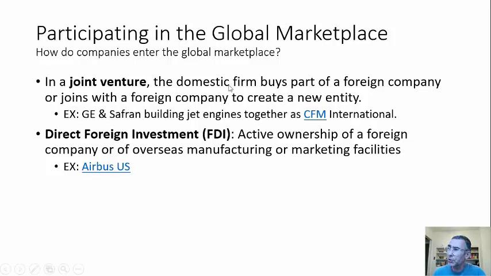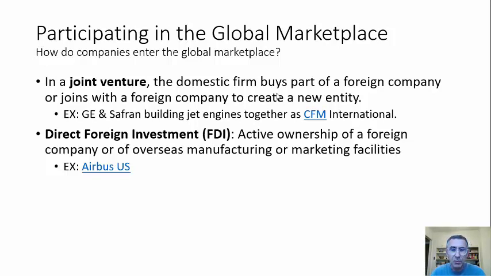Another way you could go is a joint venture, right? So think General Electric. Next time you're in an airplane going somewhere, and let's say it's a Boeing, you might be wondering, Boeing makes airplanes, right? Yeah, Boeing assembles airplanes with parts that come from all over the world. And the biggest producer of jet engines is General Electric, right? Now, there's a European company that also makes jet engines, Safran, which is a French company, that's also very popular.